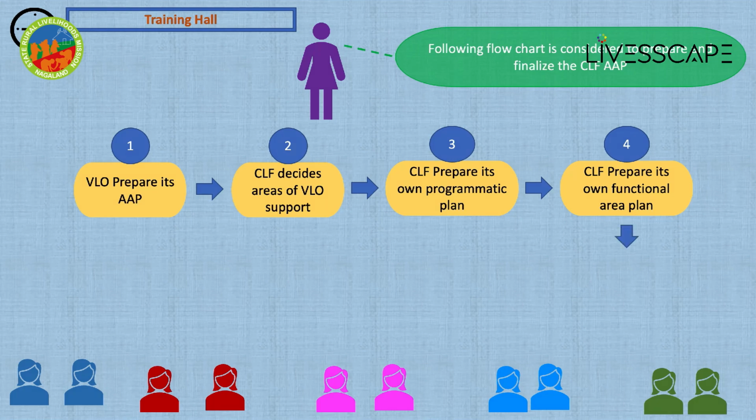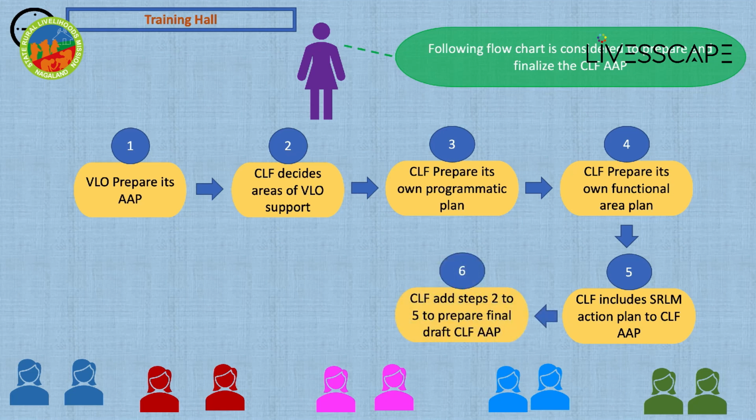This would be followed by the fifth stage where the CLF includes the action that the SRLM is requesting the CLF to do for the betterment of their villages or their clusters, and they will include them in their AAP. This would be followed by the CLF consolidating step number 2 through to step number 5 to prepare the final draft cluster level federation annual action plan.